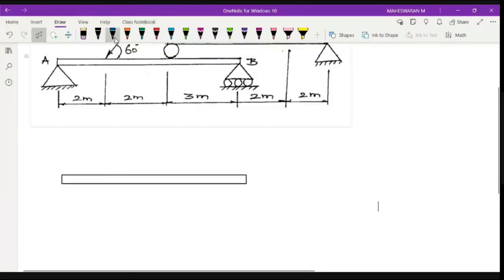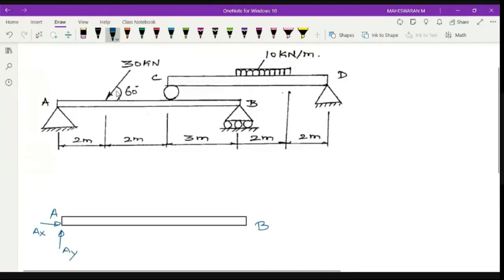This is my point A. This is my point B. A location is having a hinge support. Hinge support will have two reactions, which means you'll have Ax and Ay. Next, you have a point load here.